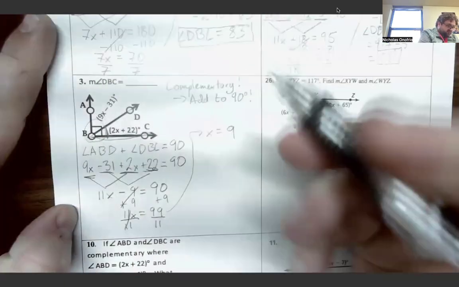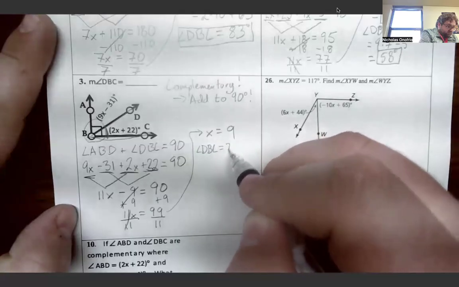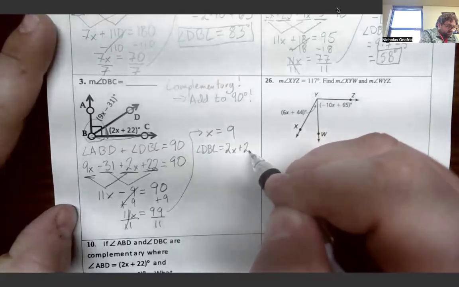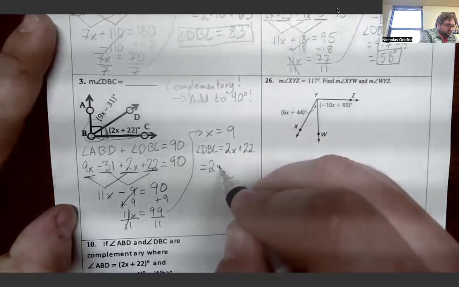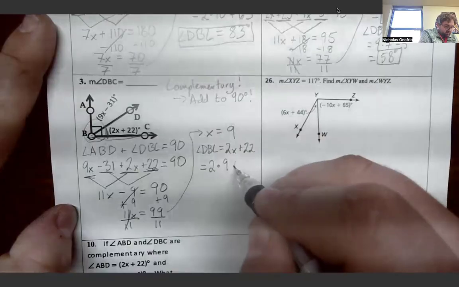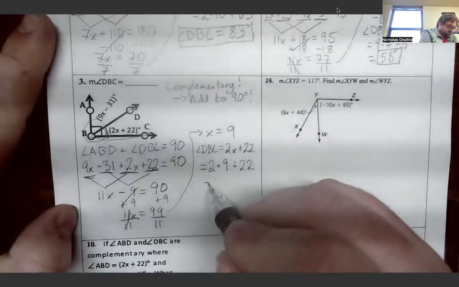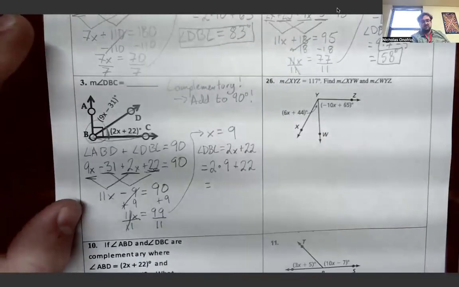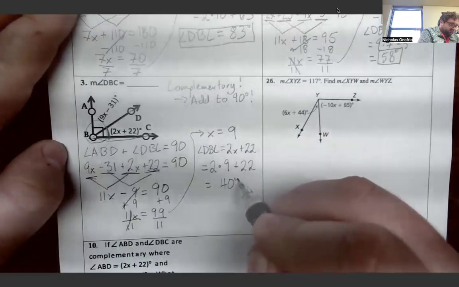DBC is our equation 2x plus 22. We'll do DBC equals 2x plus 22. We know x is 9, so we'll say 2 times 9 plus 22, which is equal to 2 times 9 is 18, plus 22 is 40.